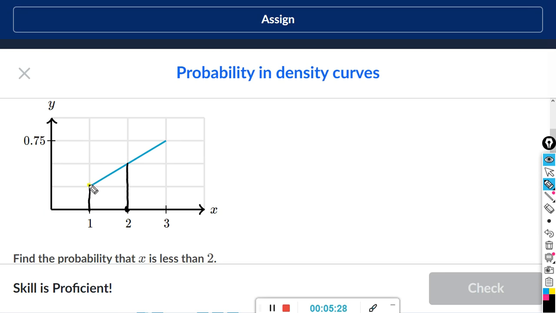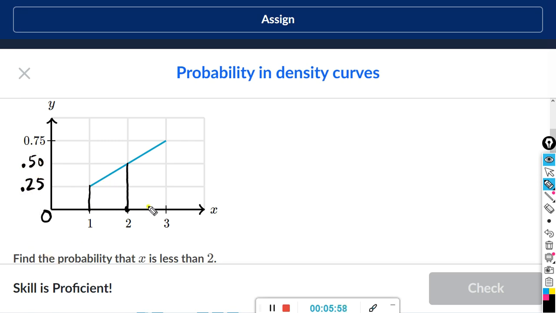If the line stops here on the left, then you go down from that point. Okay, so we're finding the area of this section in here. This is 0, and this is 0.75. So it looks like it counts by 0.25 each time. All right, this is 0.25. And right here would be 0.5 or 0.50. And this is 0.75.